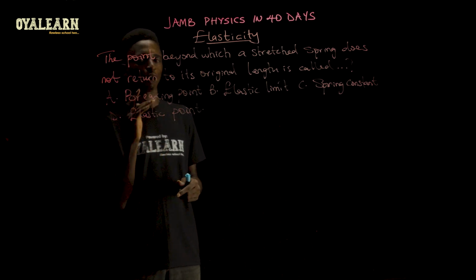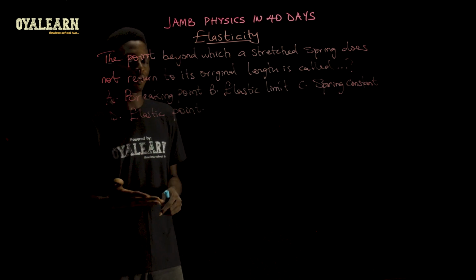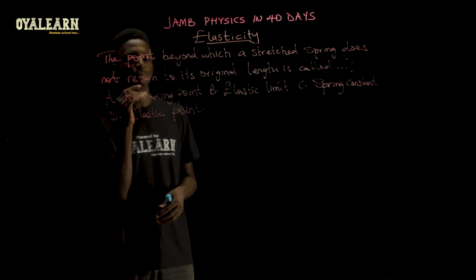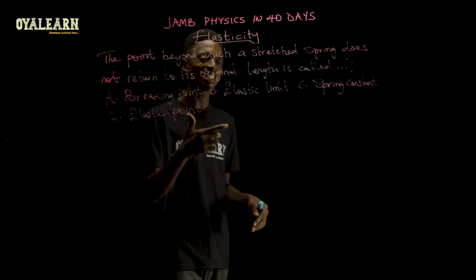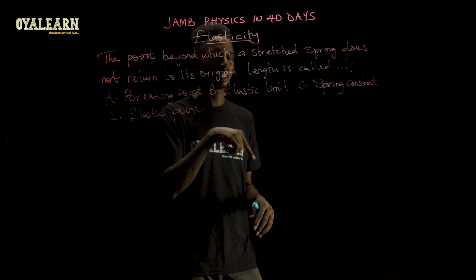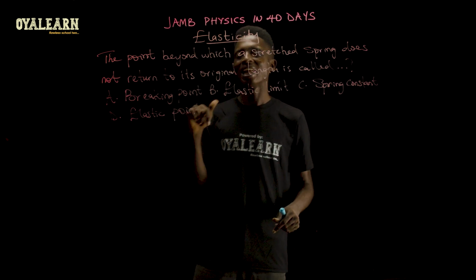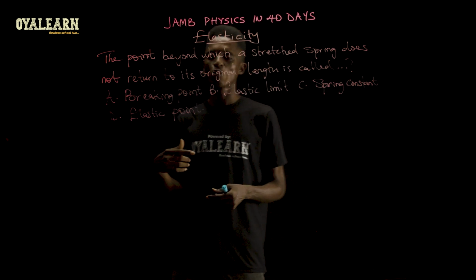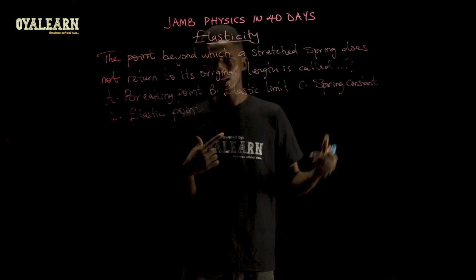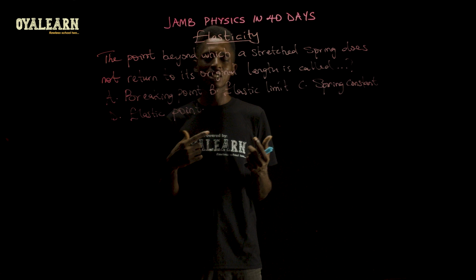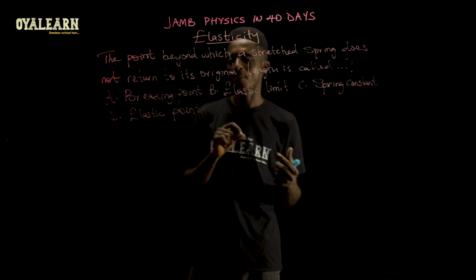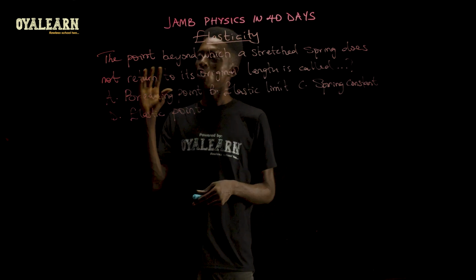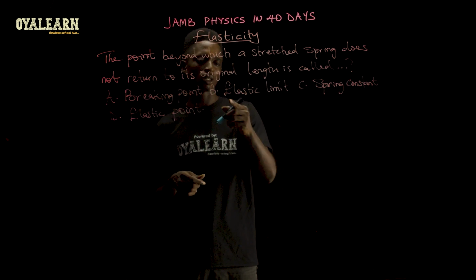But there is a condition for every elastic material: it holds provided that you do not exceed a particular limit. That limit is called the elastic limit. It is the point beyond which, when you apply force, the material will not return to its original shape or size.